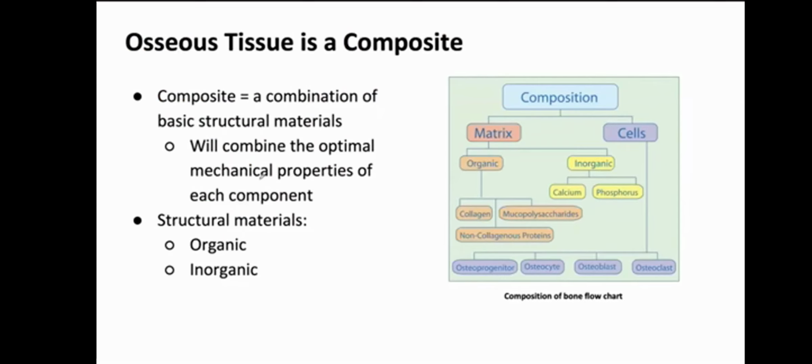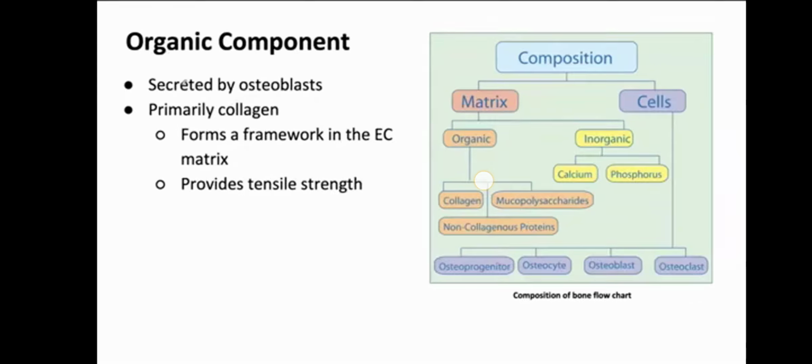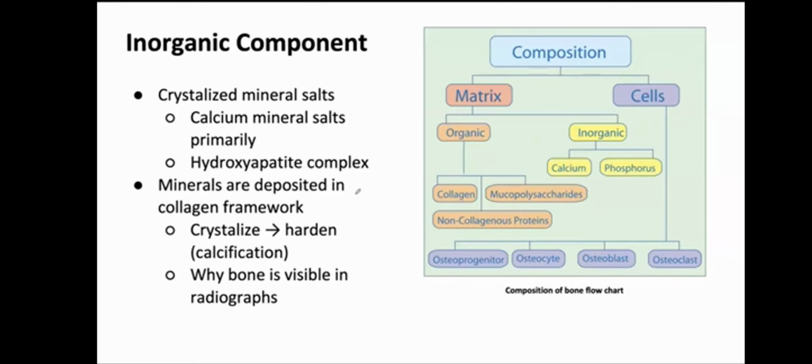And the cells are osteocyte, osteoblast, and osteoclast. Osteoblast primarily secretes the collagen in the extracellular region. It is responsible for tensile strength, isn't it?